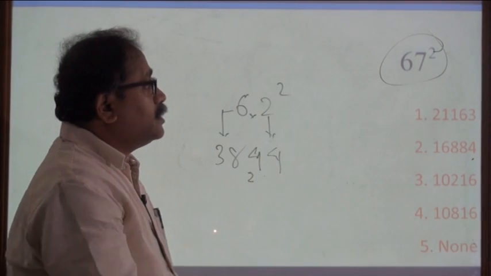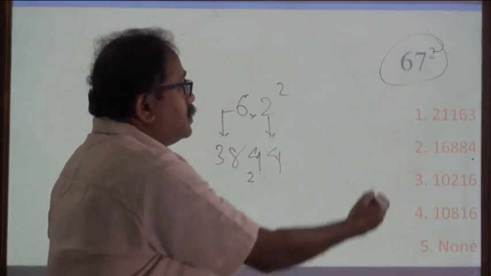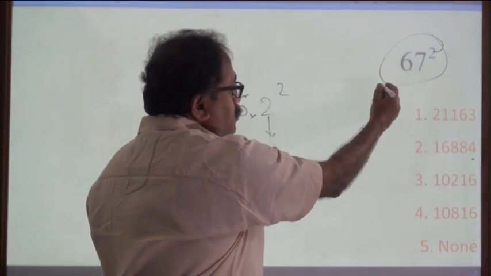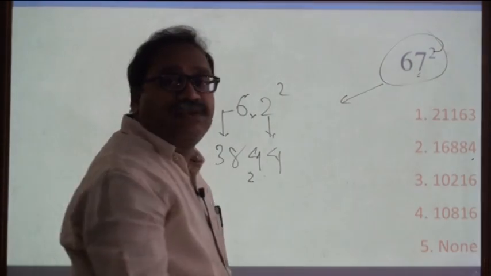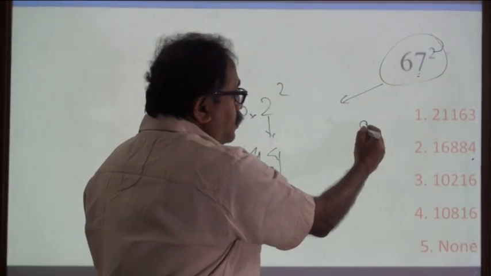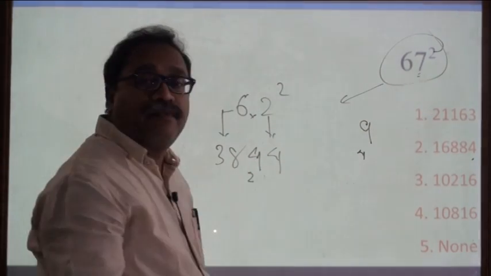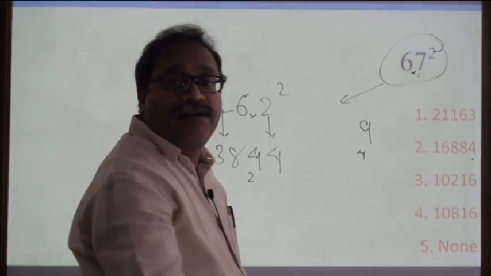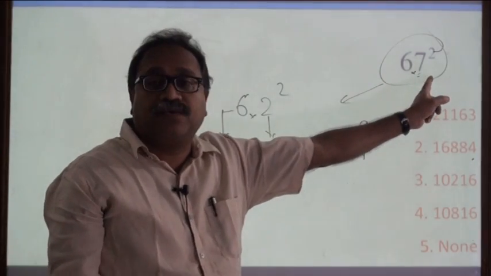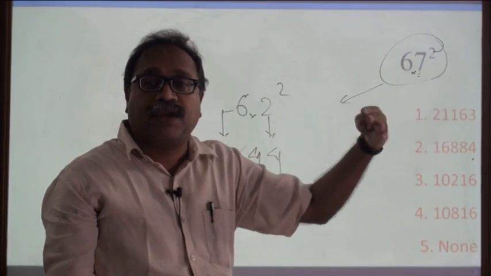The similar method I can apply for 67 square. So how do I do this? 67 square. Step 1, take 7 square, 49, carry 4. Step 2, multiply these two numbers and double it. So 6 sevens are 42, and double of 42, 84.